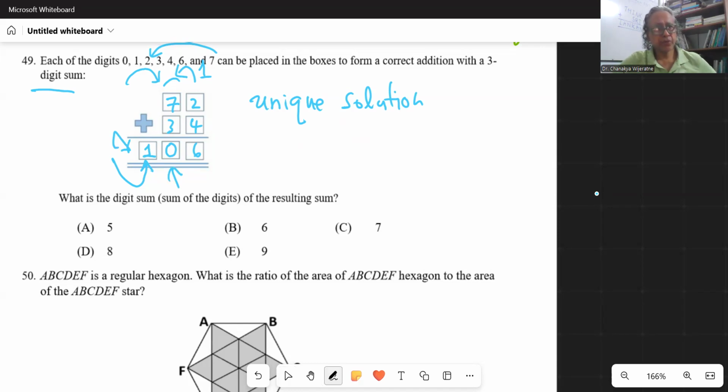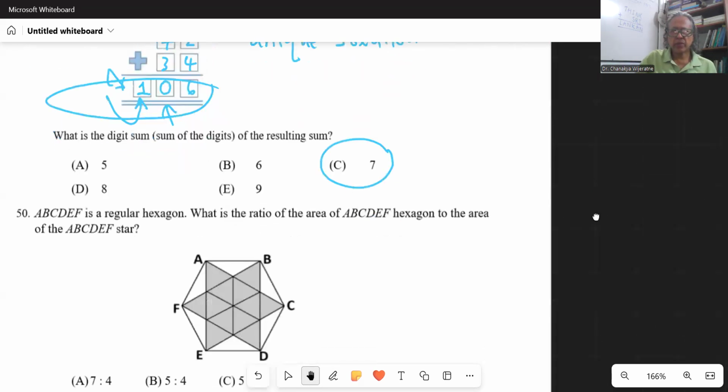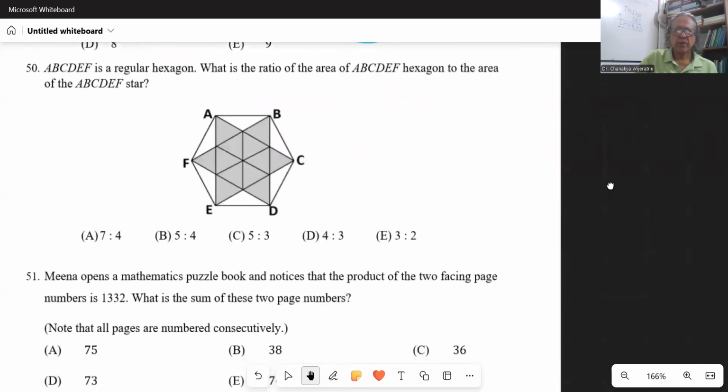So you can see that all the 7 digits are there, and the addition is correct. So what's the digit sum? It is 7. That's the correct answer, right?